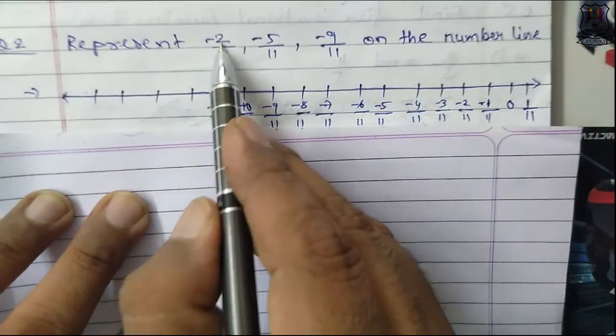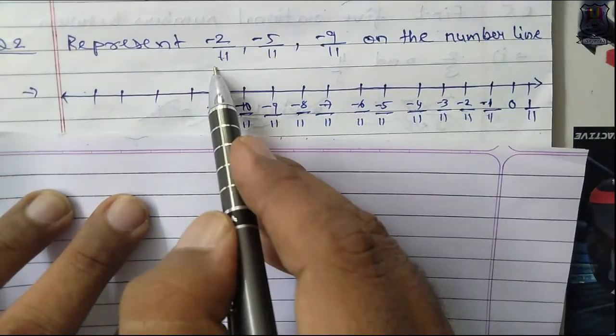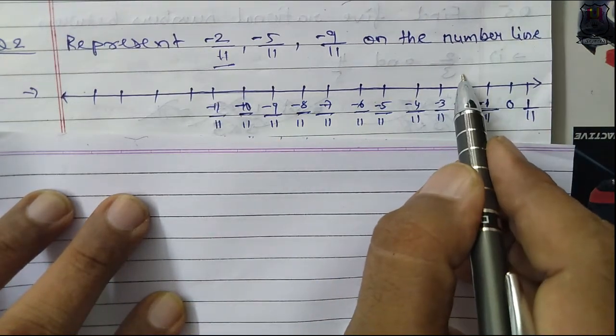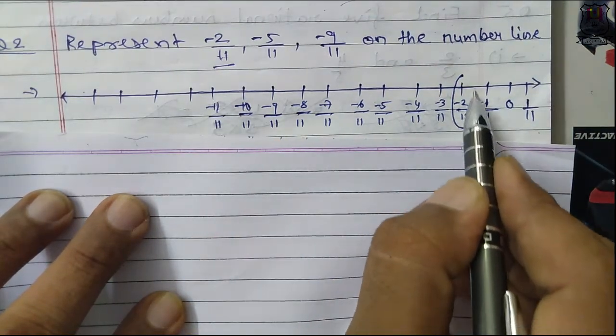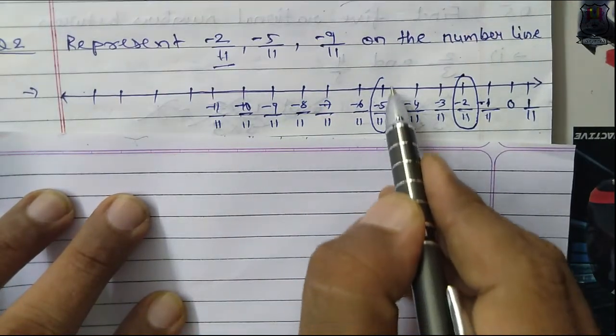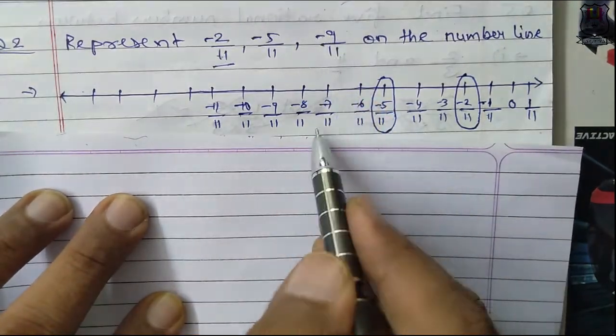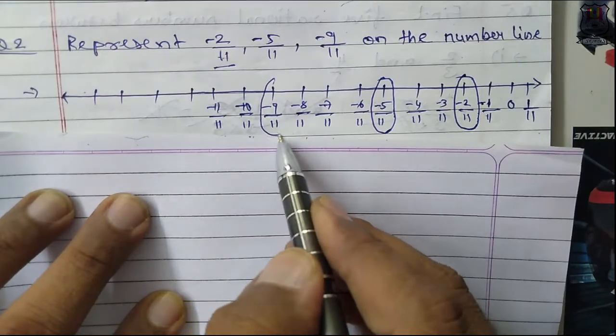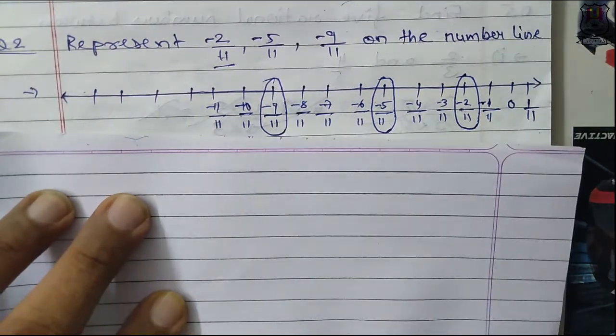Now can you see all these numbers? Yes, this is minus 2 upon 11, minus 5 upon 11, you can see it very easily over here, and minus 9 upon 11, it's over here. It's so simple.